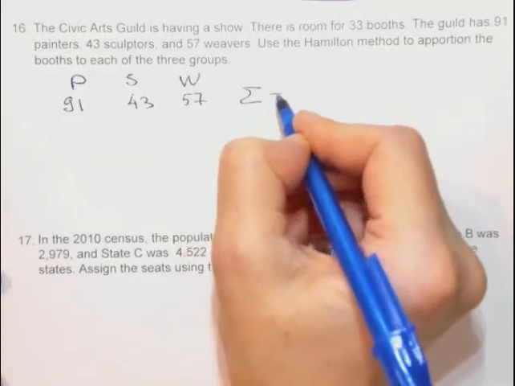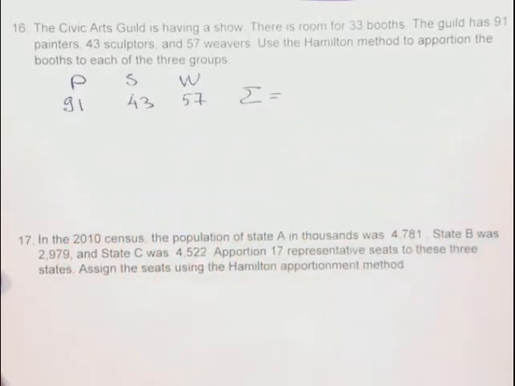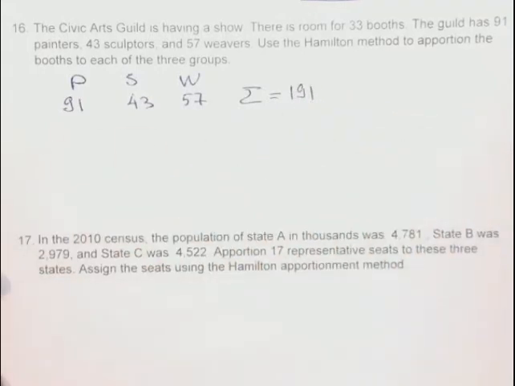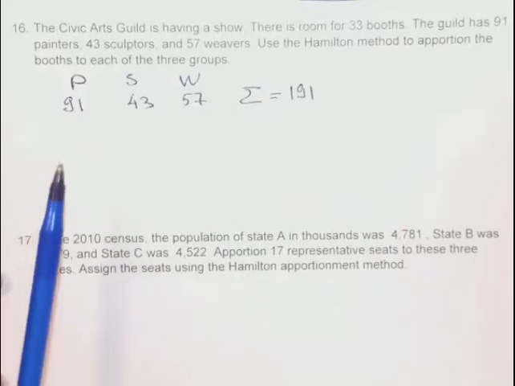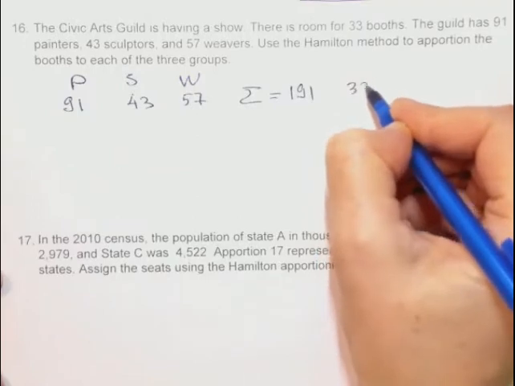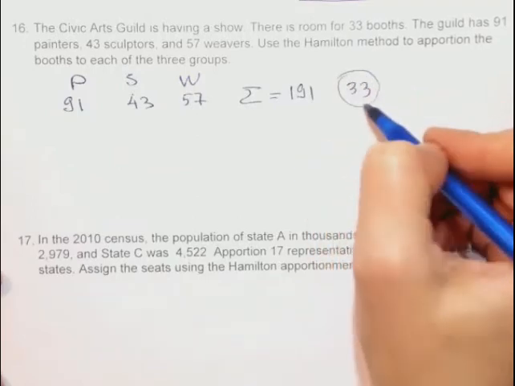So all together, let us add them together. There are 191 persons. So use Hamilton method to apportion the booths to each of 3 groups. And we have 33 booths. We want to apportion 33.